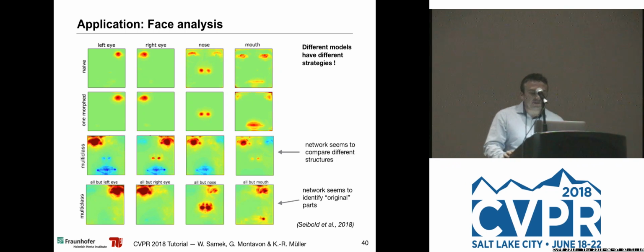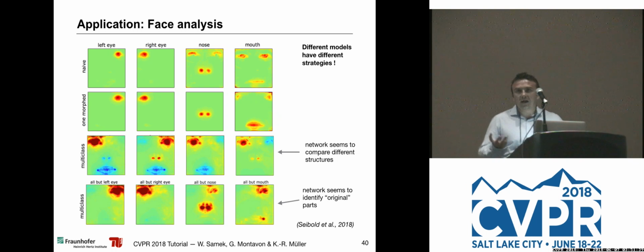But the model seems to identify the original parts. For example, in the third row, you see that we morphed the left eye, but there is no response on the left eye. There is just response on the mouth and the nose and the right eye. So this model kind of compares different parts and checks if they are original, if they are real. But the left eye is morphed, and the model recognizes it.